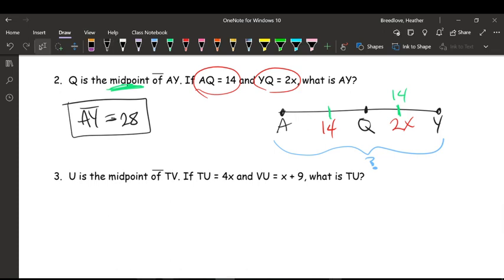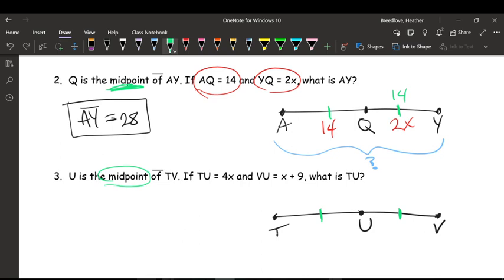All right, here's another one. U is the midpoint of TV. I like to sketch my line. My line is TV. U is in the middle. Because it's in the middle, I mark it as being equal on both sides.